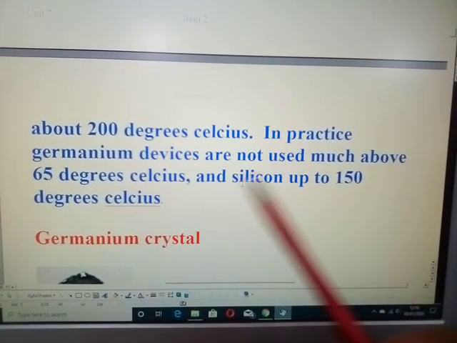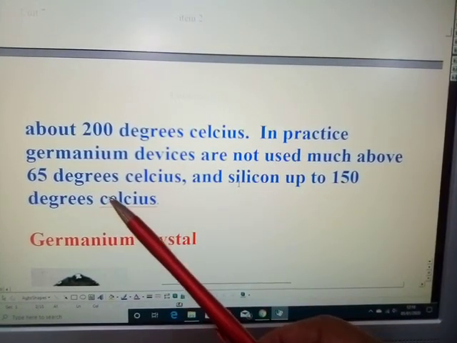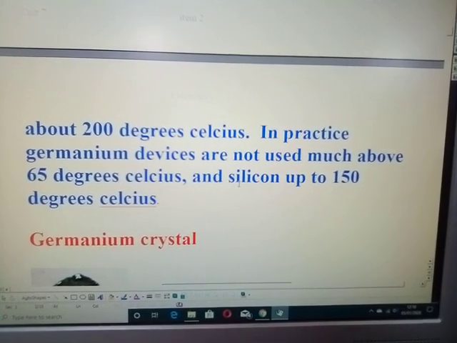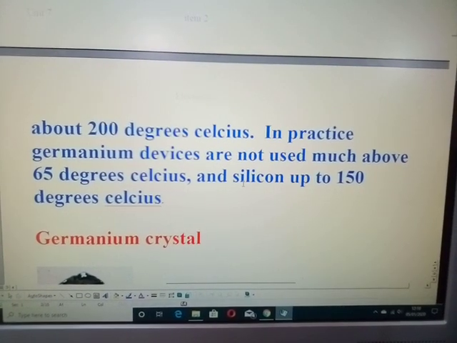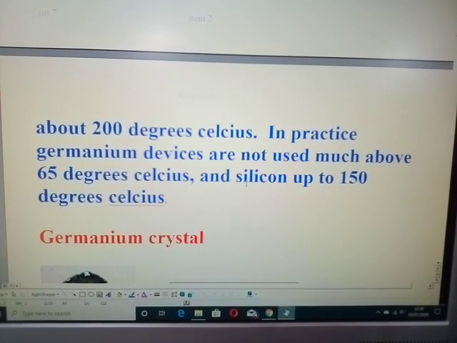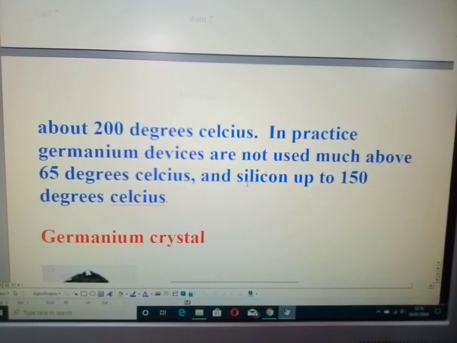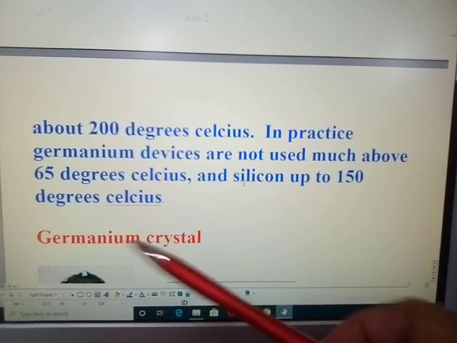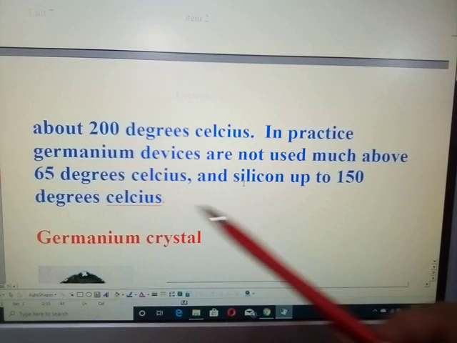In practice, germanium devices are not used much above 65 degrees Celsius and silicon up to 150 degrees Celsius. So if you were designing something to operate in the Sahara Desert, you obviously need to be looking at something that can withstand a high temperature. So most of your product would then be in silicon.